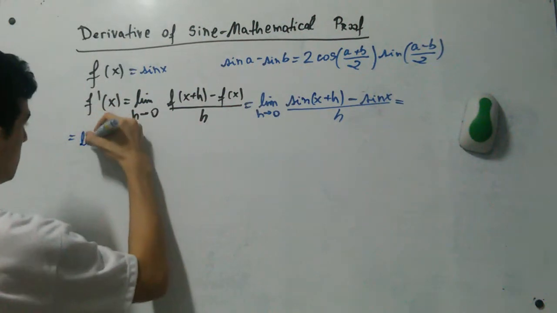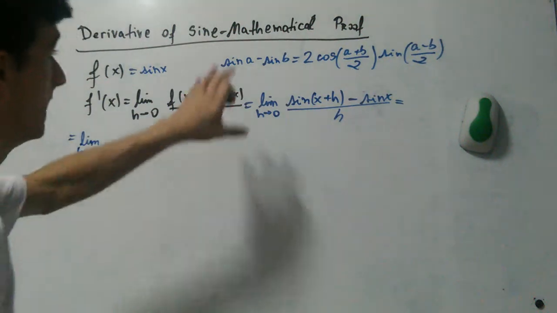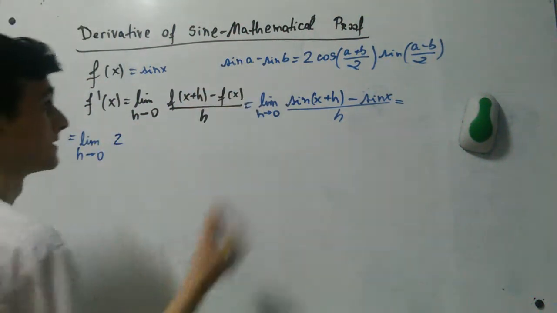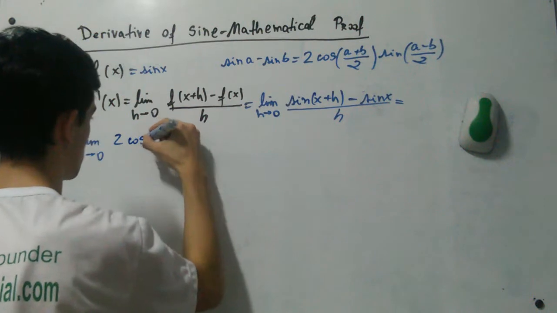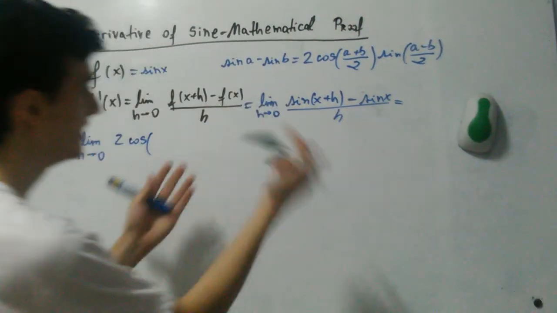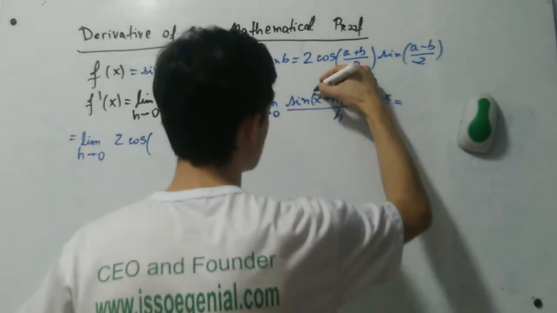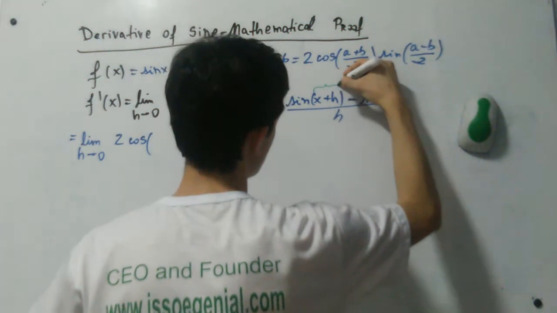So we have the limit when h approaches 0, and then 2 times the cosine of A plus B over 2. Let's identify what A and B are.